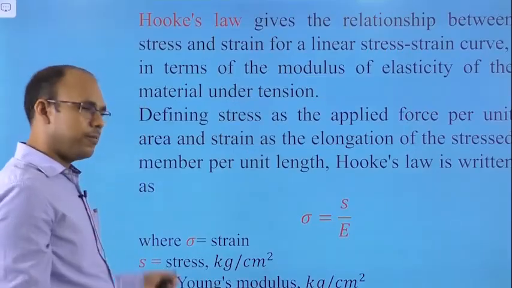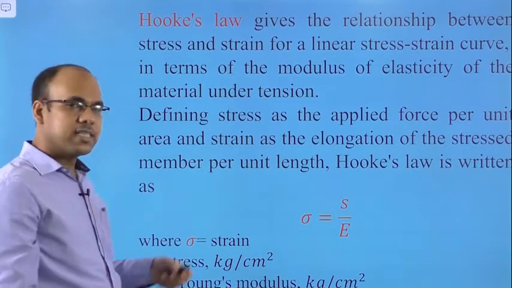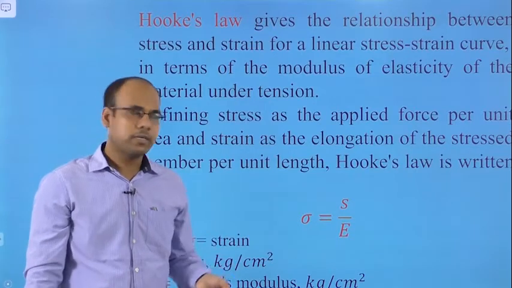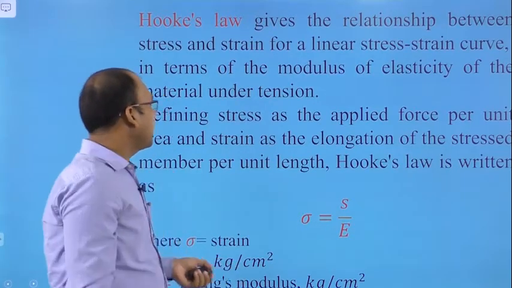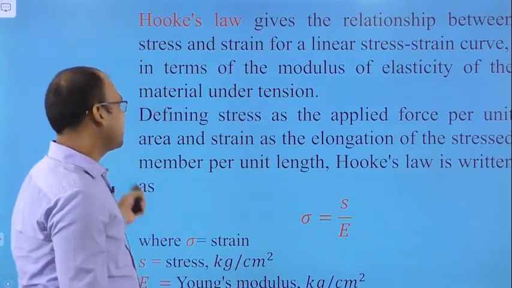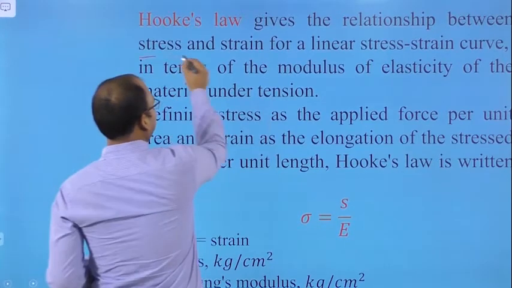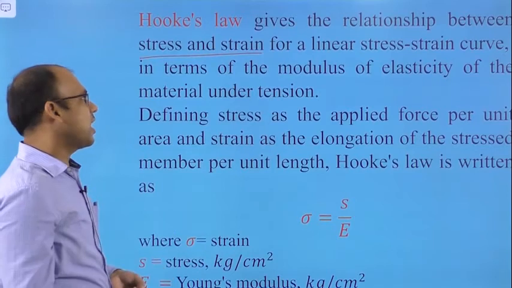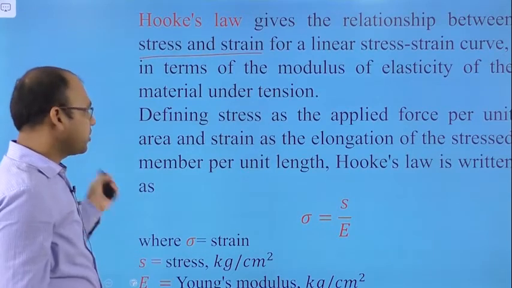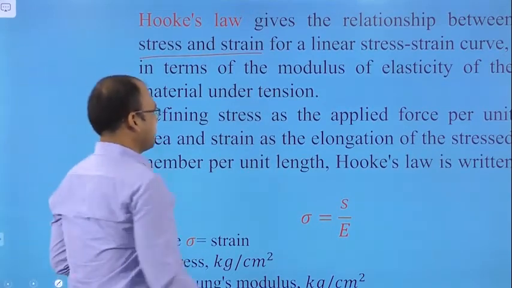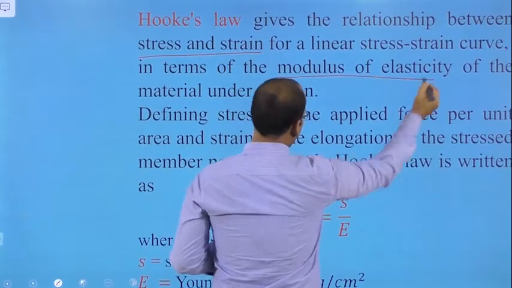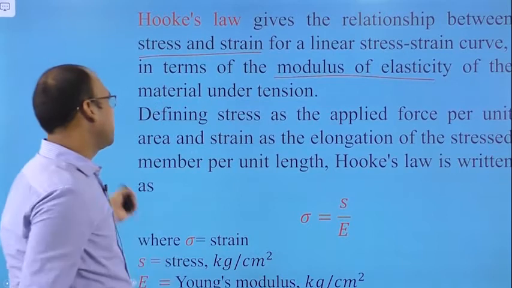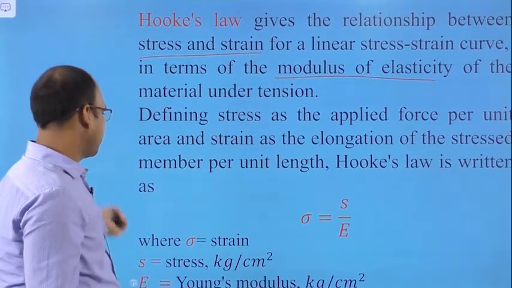In order to simplify the previous equations, Hooke's law also plays an important role, and it gives a relation between the stress and the strain. Hooke's law gives the relation between stress and strain for the linear stress and strain curve in terms of Young modulus, the modulus of elasticity, or you can say the Young modulus of the material under tension, right?